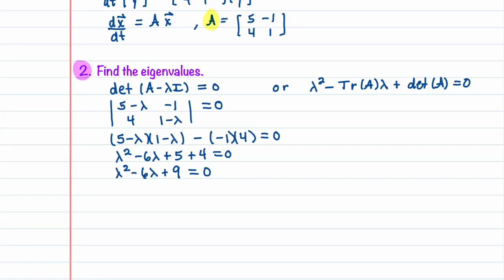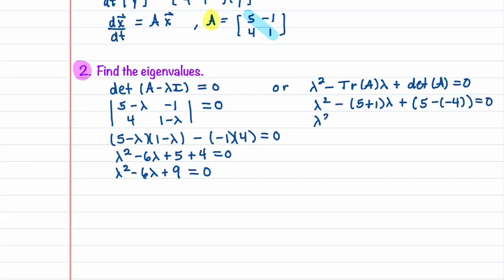Before we go to factor this, let's go over here to the right and do it the second way. This gives us lambda squared minus the trace of A. Here's what the trace is: you take the diagonal entries and add them. So this is 5 plus 1 times lambda, and then for the determinant, you multiply the main diagonal entries and subtract off the off-diagonal entries multiplied.